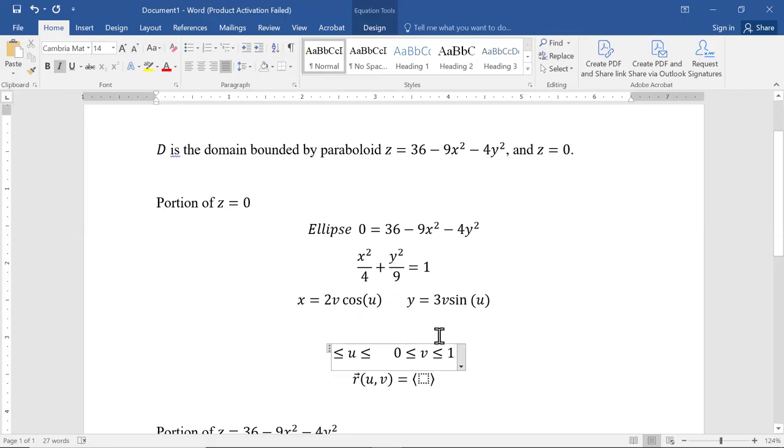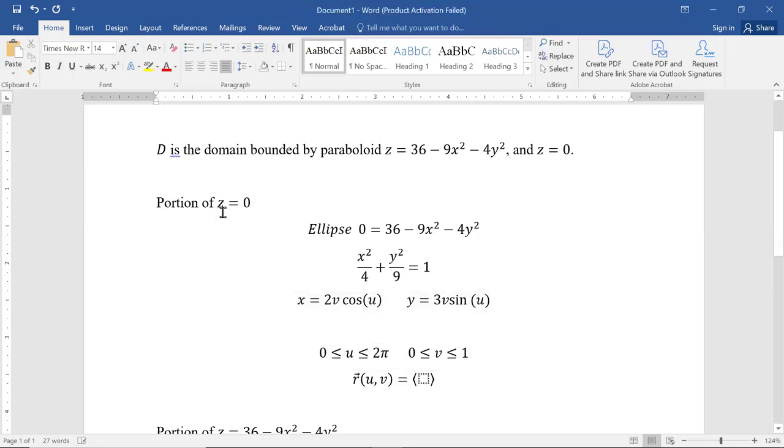So we'll start essentially at the origin, at the point 0, 0. And as v starts moving closer and closer to 1, we end up getting ellipses inside of the boundary. So we'll fill out the entire space. And then u, if I want to go all the way around, I have to go from 0 to 2 pi.